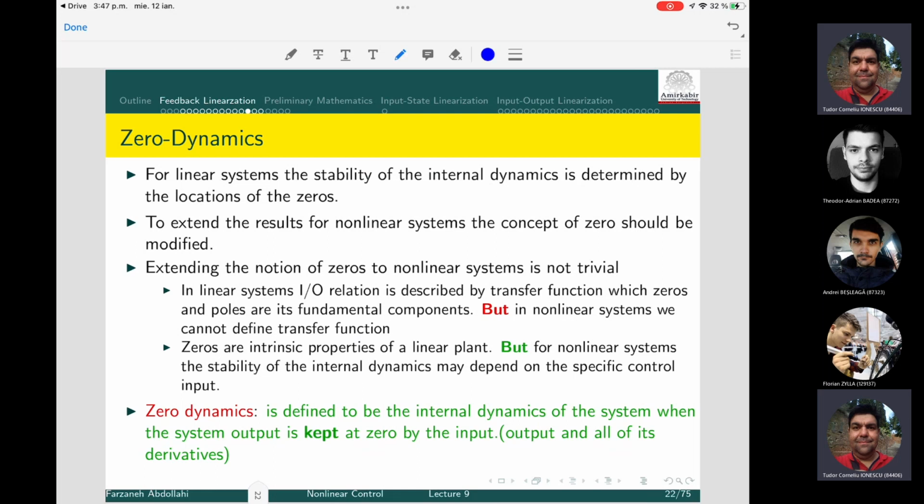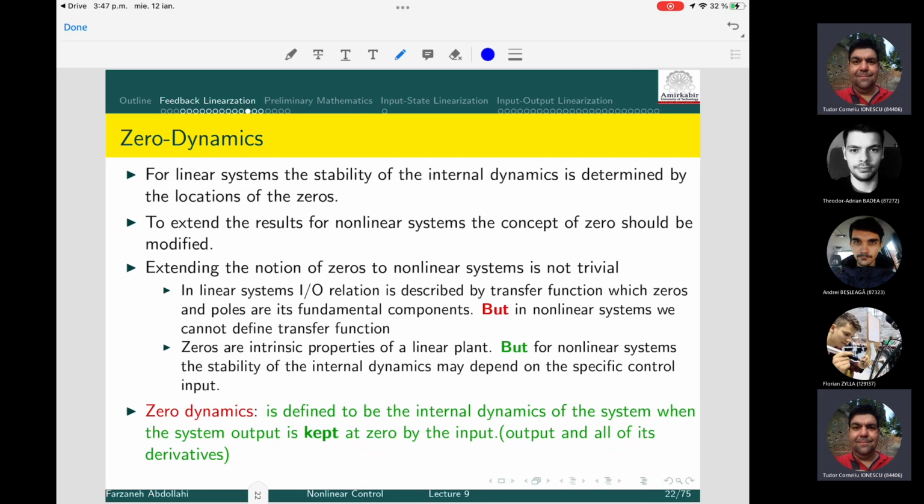This is a state space dynamical characterization of the notion of zeros. For a linear system, the stability of the internal dynamics is determined by the locations of the zeros. Okay, so zeros in the open left half plane mean stable internal dynamics, whereas zeros not in the open left half plane create unstable internal dynamics.